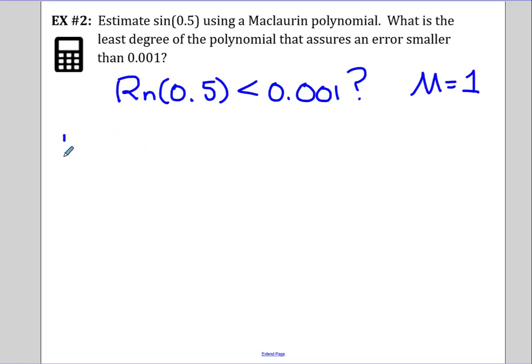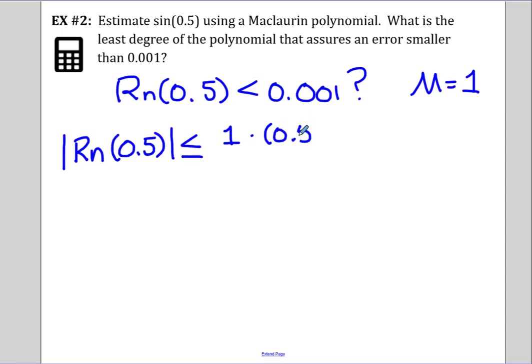And our formula says the absolute value of the remainder at our value, a half, has to be less than or equal to the maximum, which is 1, times our half to the n plus 1 divided by n plus 1 quantity factorial.